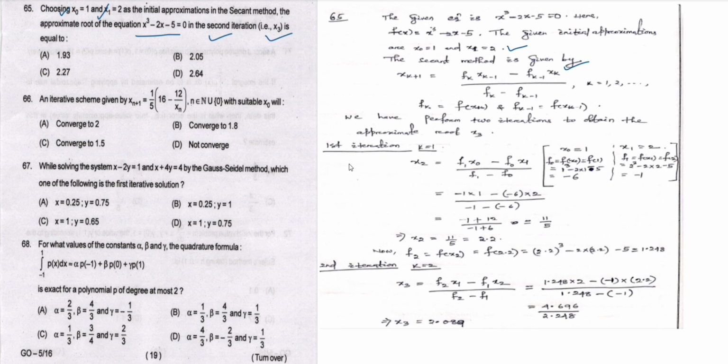So let us start with the first iteration where k equal to 1. So k equal to 1 means k minus 1 equal to 0 and k plus 1 equal to 2. If you put k equal to 1 in the secant iterative method, on the left hand side x(k+1) becomes x2, and on the right hand side we will have f1 into x0, because x(k-1) was there, so that's why it is x0, minus f0 into x1, and whole divided by f1 minus f0.